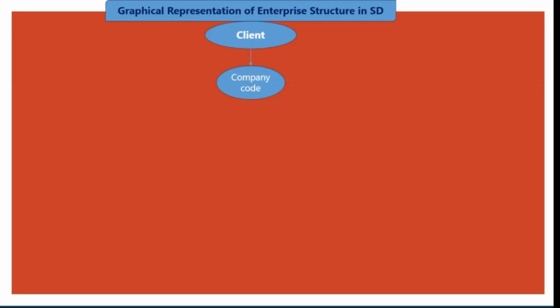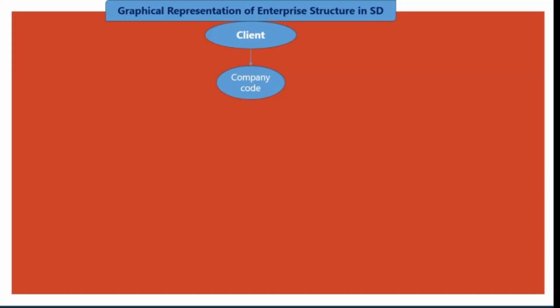Now the question is, what is a company code? We have already discussed what a company code is and its relevance in the entire enterprise structure. I'll put the links in the description box, which you may go through. Now company code, to be very brief, is a legal entity in financial accounting responsible for generating the financial statements for external statutory reporting purposes.